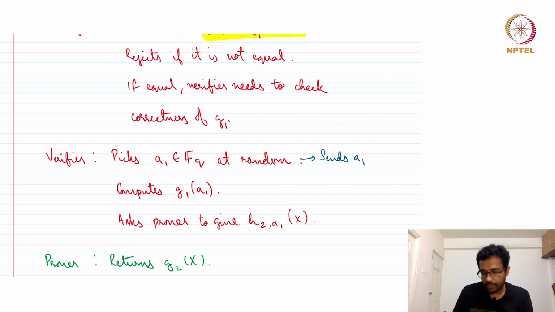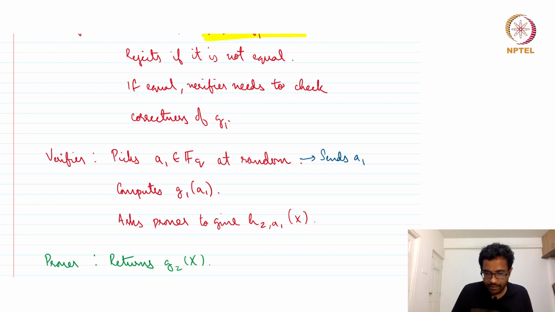Now the prover has to send, according to the protocol, which is established even before the polynomial or anything, h2 a1 of x, meaning a1 is fixed, the second variable is the free variable, and x3 to xn are the variables over which the summation will range.